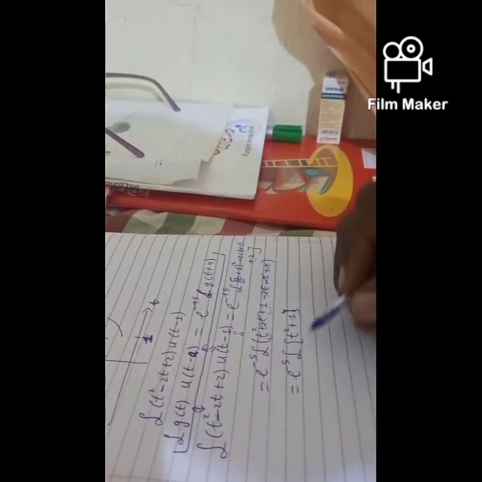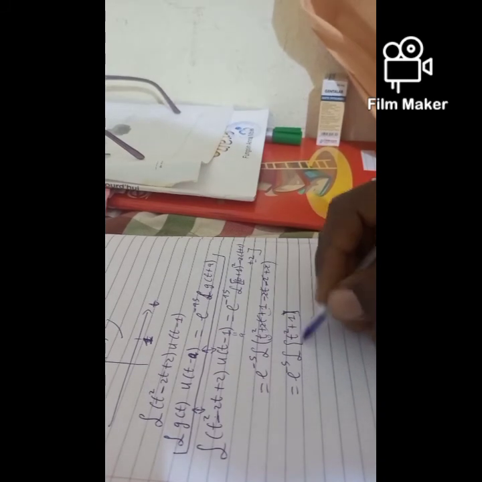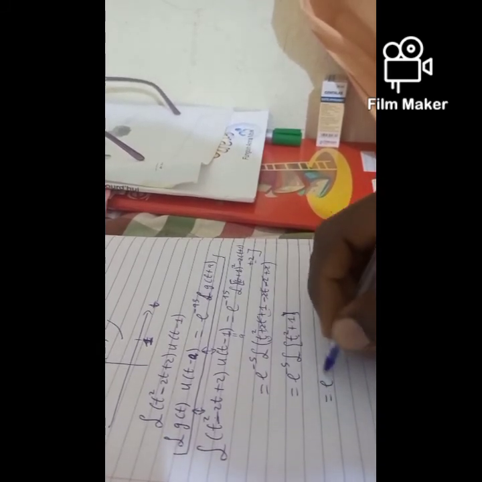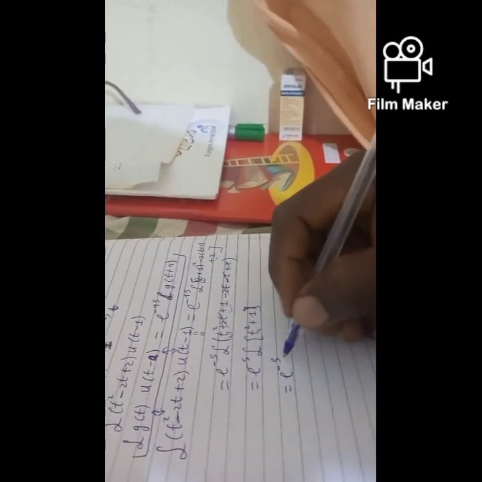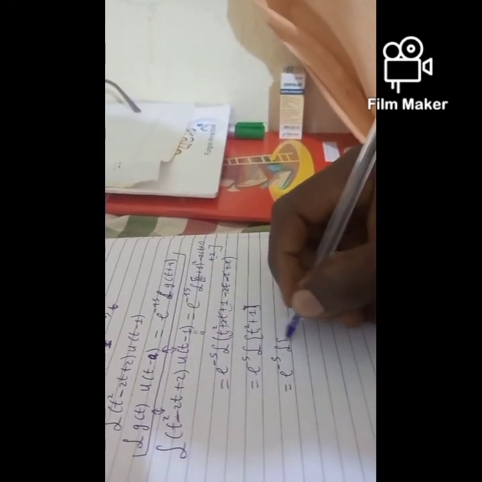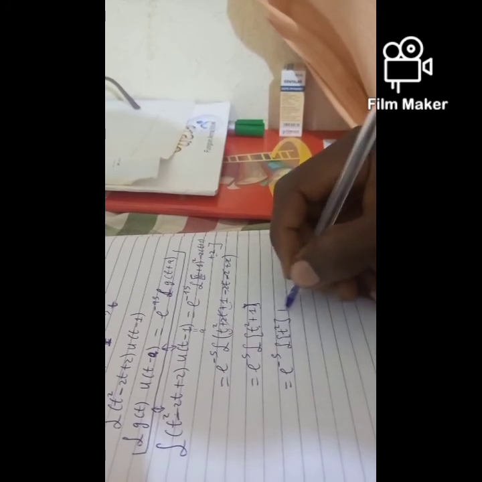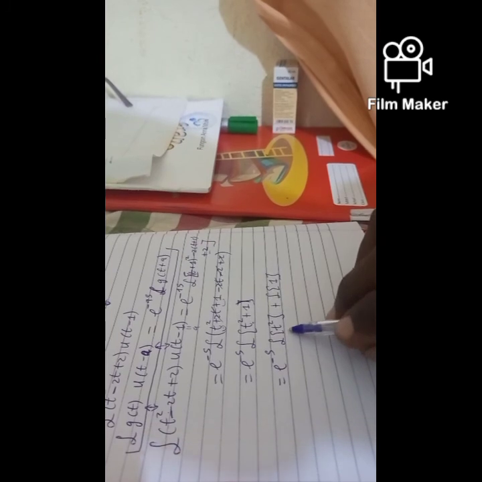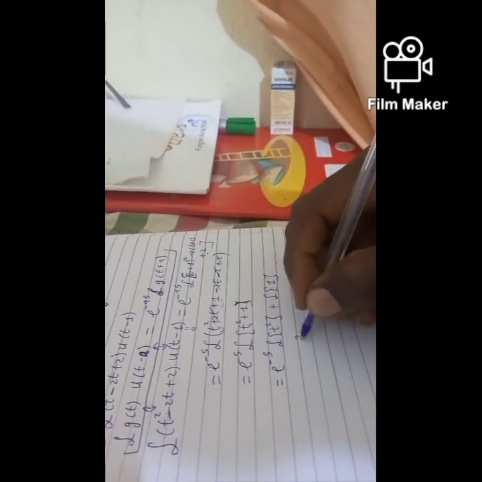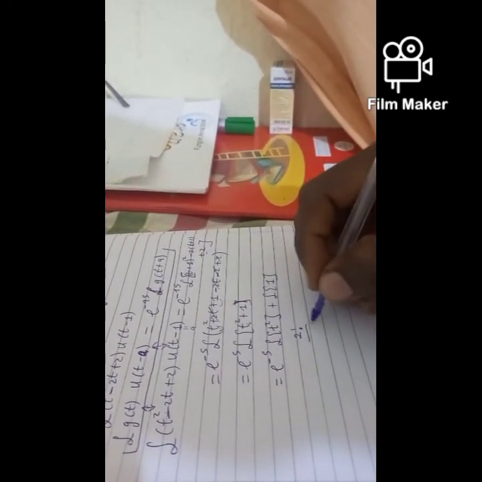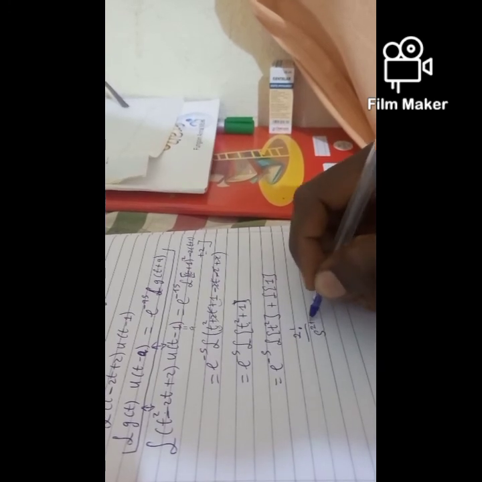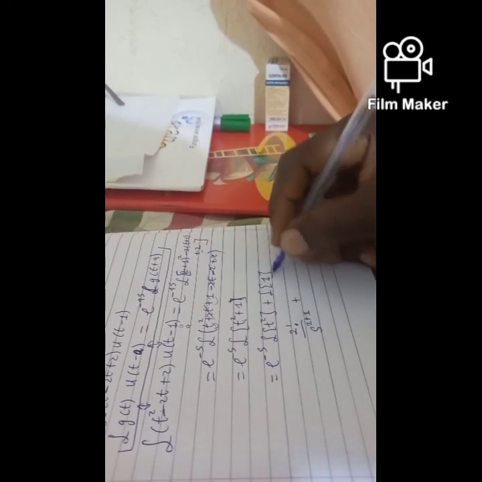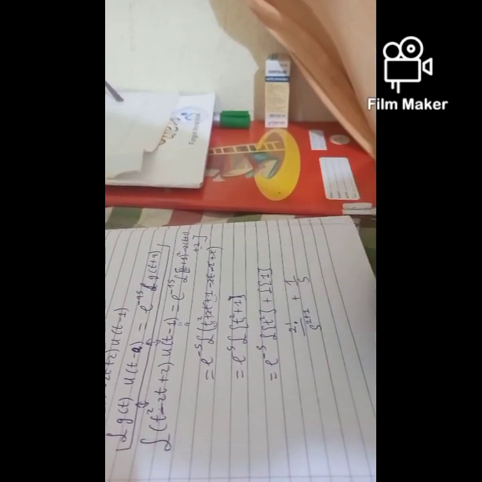We then expand. We have e to the minus s, the Laplace transform of t squared plus the Laplace transform of 1. The Laplace transform of t squared is 2 factorial all over s to the power 2 plus 1, plus the Laplace transform of a constant, which is 1 all over s.